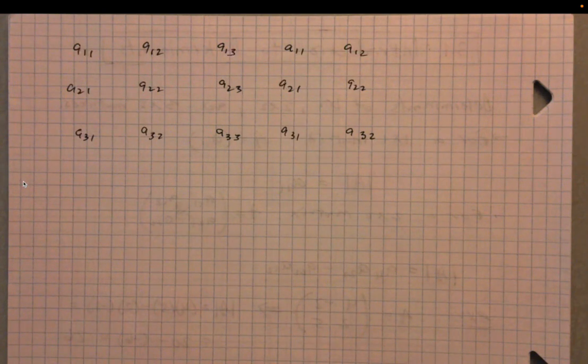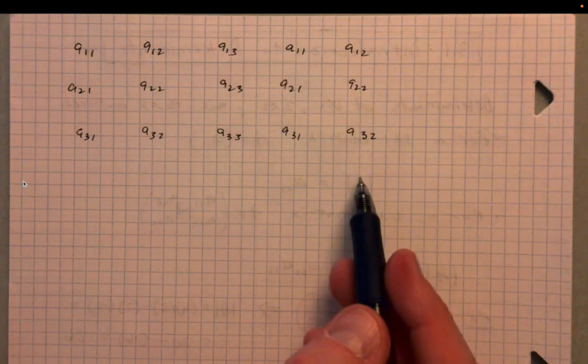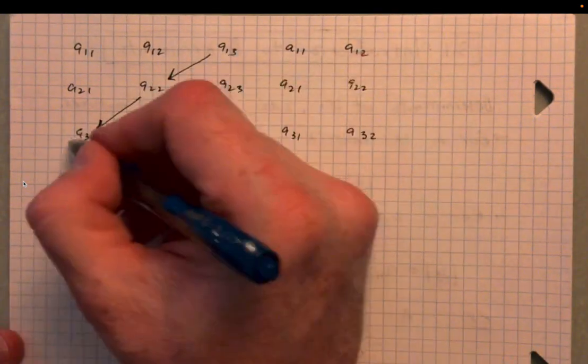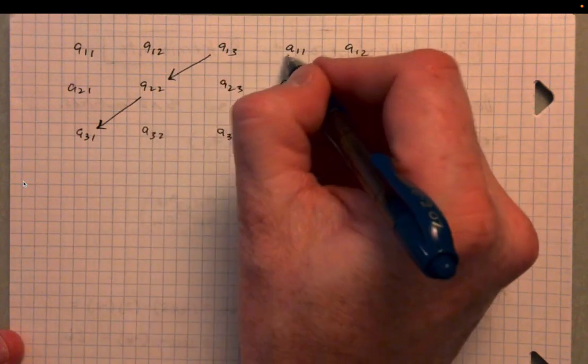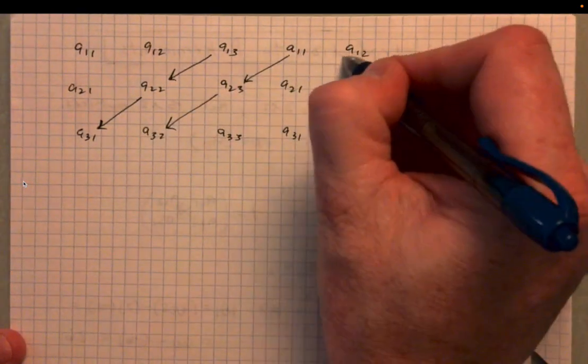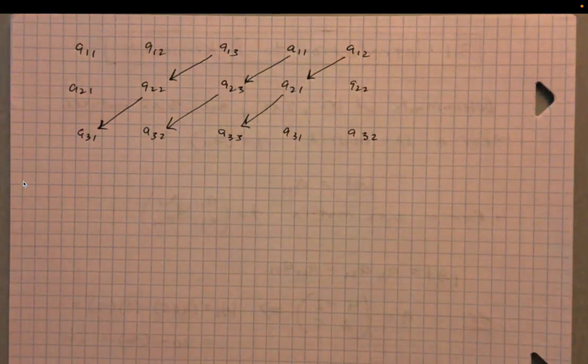Now, the way to remember the determinant calculation for a 3 by 3 is to remember this picture, which is easy enough to recall, and then think about multiplying these 3 numbers together, these 3 numbers together, and these 3 numbers together.